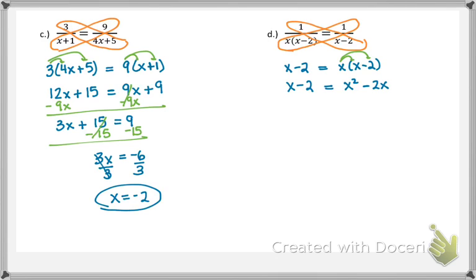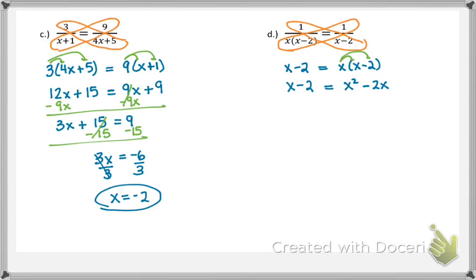And now this one's a little trickier because I have a quadratic. No matter how I try to rearrange, I'm never going to get x by itself like the problem on the left. When we have a quadratic, we want to move everything to one side and set it equal to 0 so that we can factor. And when we factor, we want to keep it so that our leading coefficient is positive if possible. That would make it easier to factor.